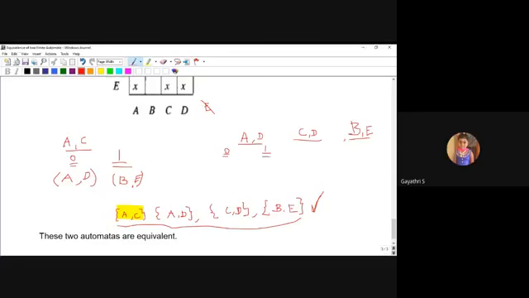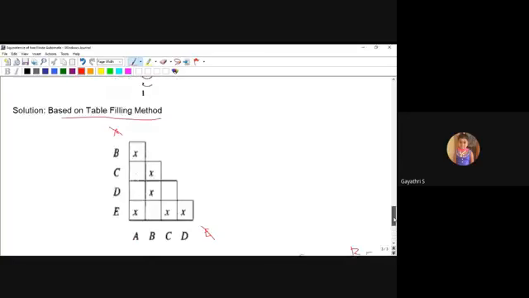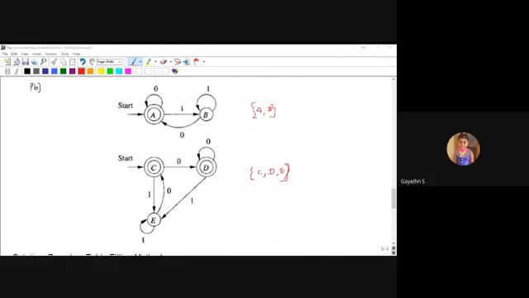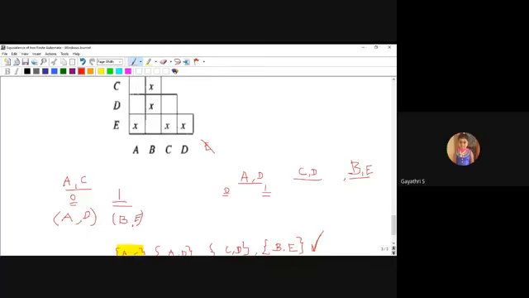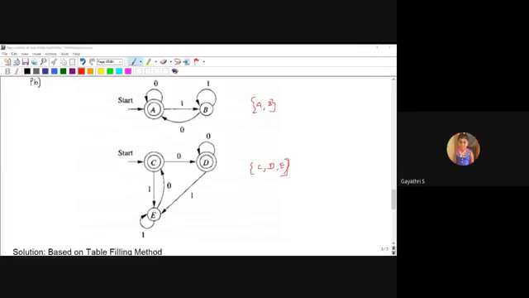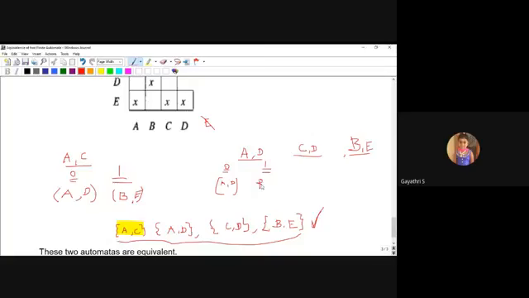Post your answer. AD on 0, AD on 1. BE, yes. I'm going to check whether these pairs are marked or not.